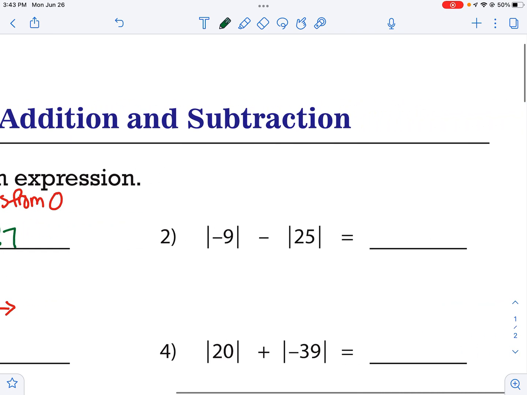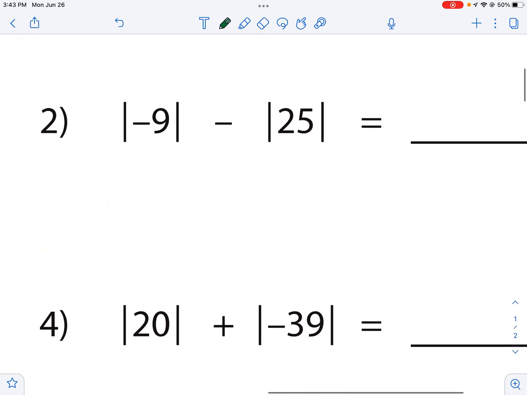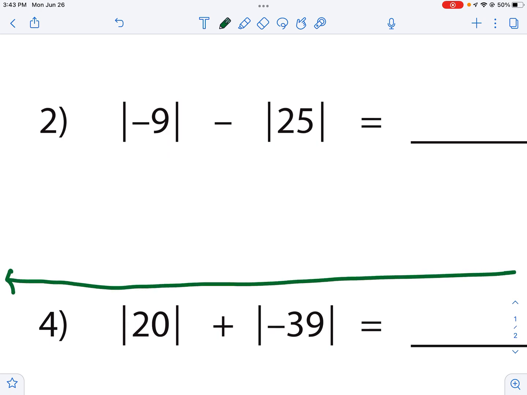Okay, we're going to do one more together, which is this subtraction one. Okay, so I'm going to draw my number line. And I'll put 0 over here a little bit. 2, 4, 6, 8, 10. And those are negative.